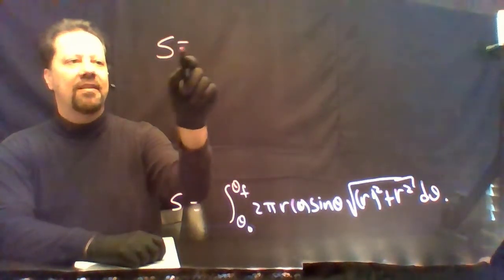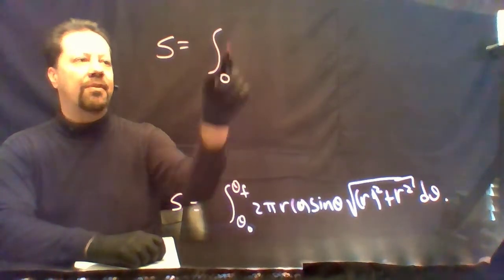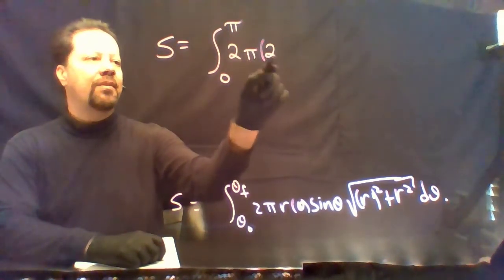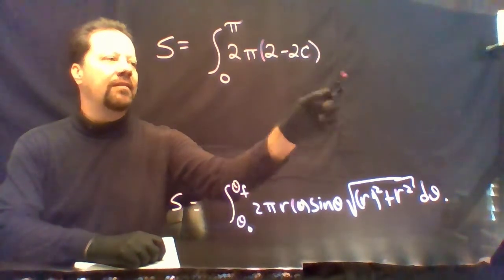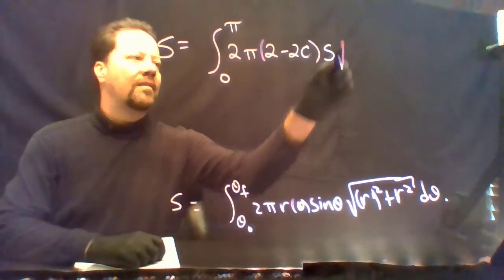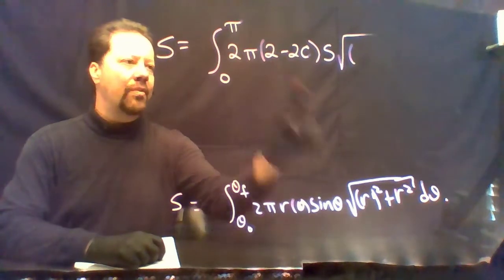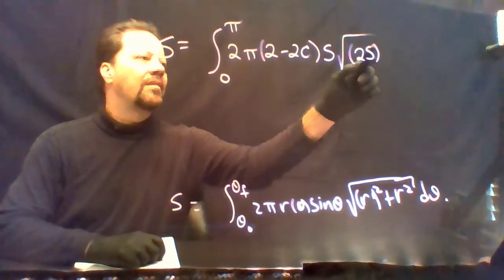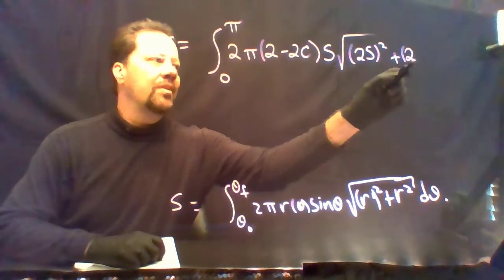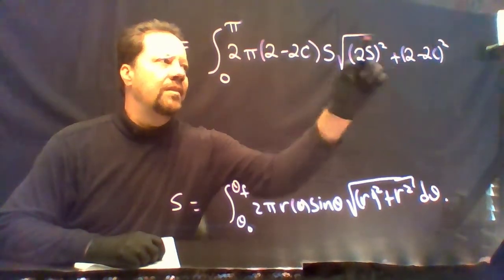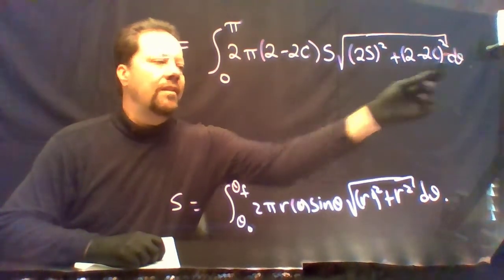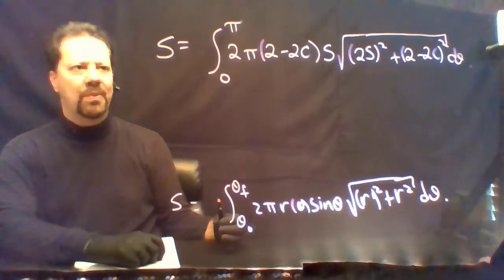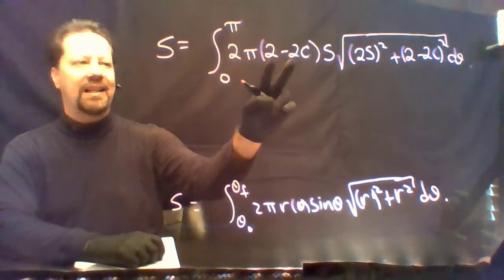We have then the surface is the integral from 0 to pi, 2 pi, 2 minus 2 cosine times sine, square root of the derivative of 2 minus 2 cosine, which is 2 sine, squared plus 2 minus 2 cosine squared d theta. Let's factor as much as we can before we try to integrate.